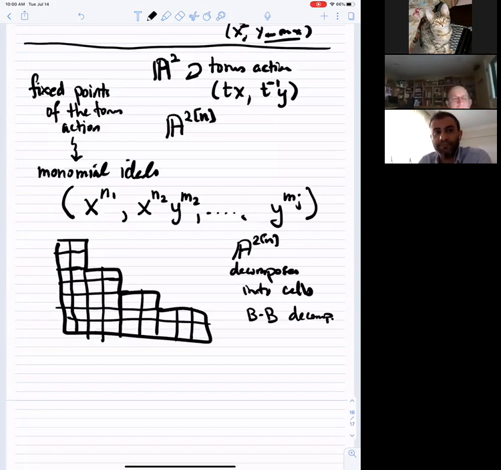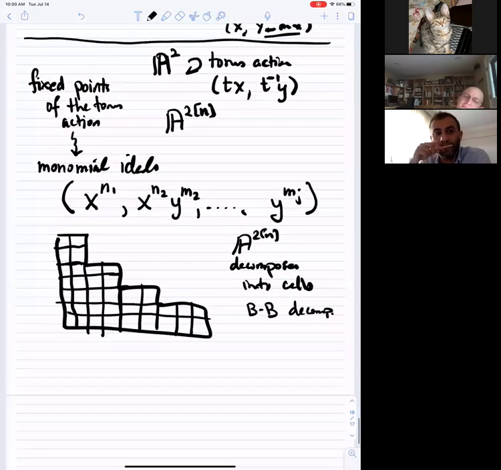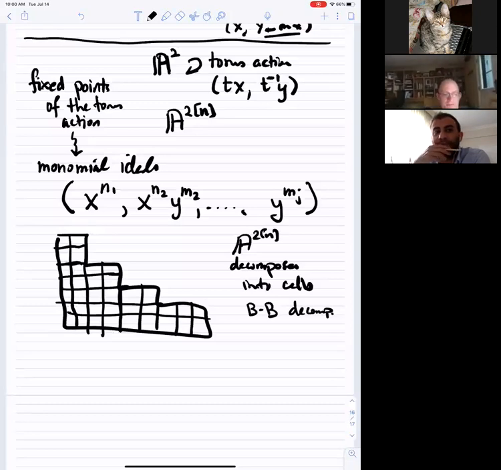If you want some notes on this, I think Diane Maclagan had some nice notes on the Hilbert scheme, from lectures she gave. If you Google them, you can see some explicit combinatorial descriptions of some of these Hilbert schemes.